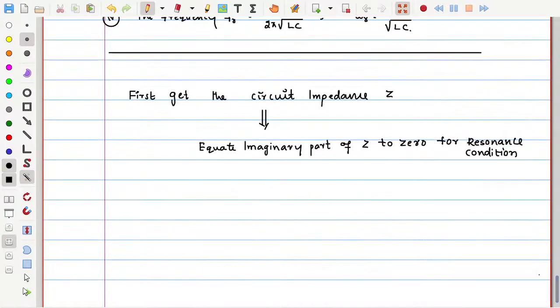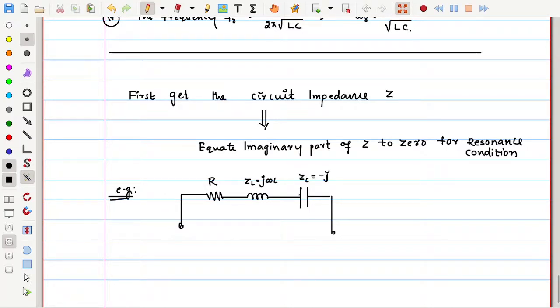For example, if it is the RLC circuit. If it is other than an RLC circuit also, no issue. This is R. This is ZL, which is equal to j omega L. This is ZC, which is equal to minus j by omega C. Now how much is the impedance?